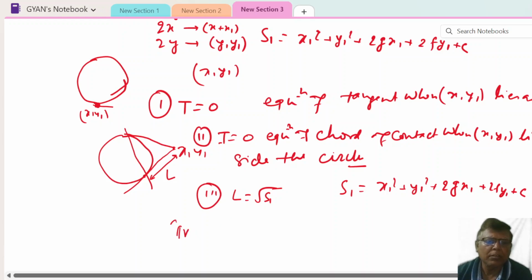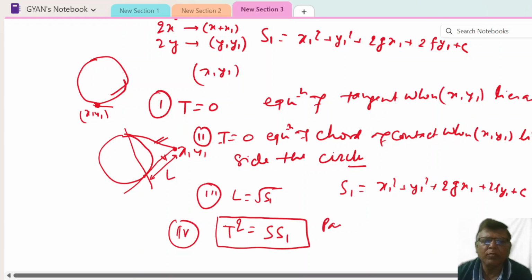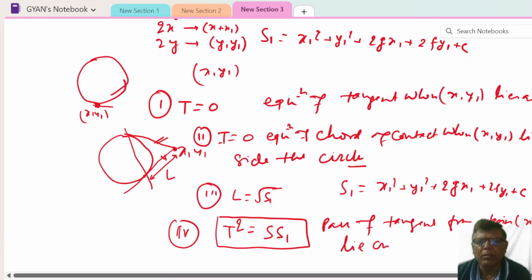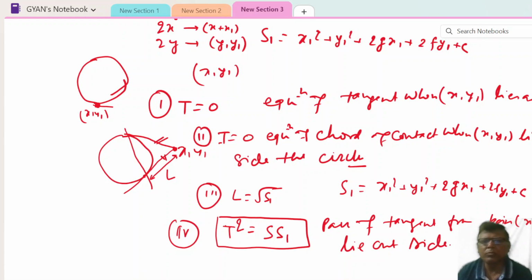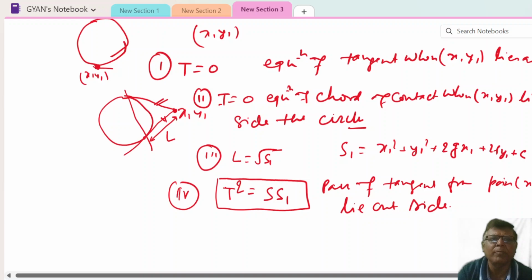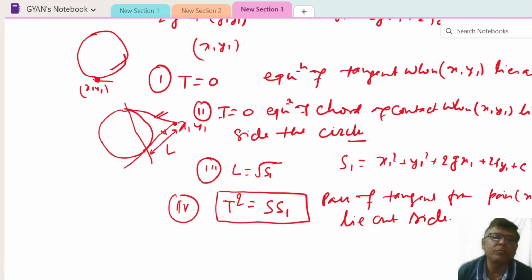Fourth, this is the pair of straight lines: T square equal to S1 gives the equation of the pair of tangents from the point x1 y1 lying outside. Remember all four, because they will be used in parabola, ellipse and hyperbola also. This fourth one is very important.